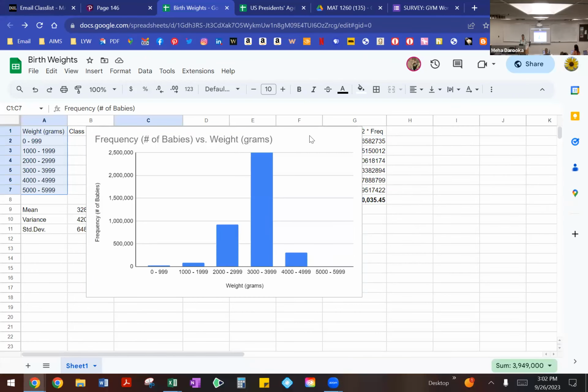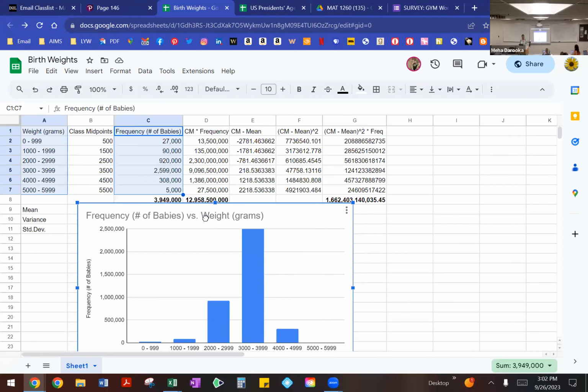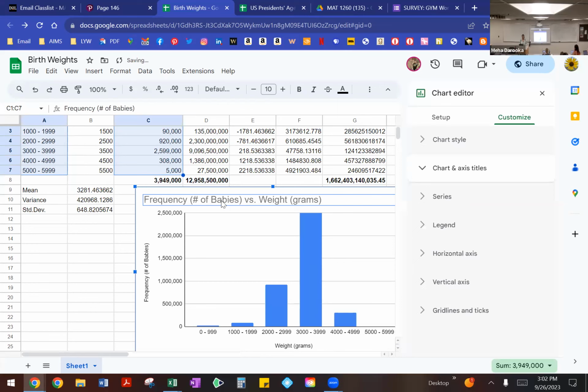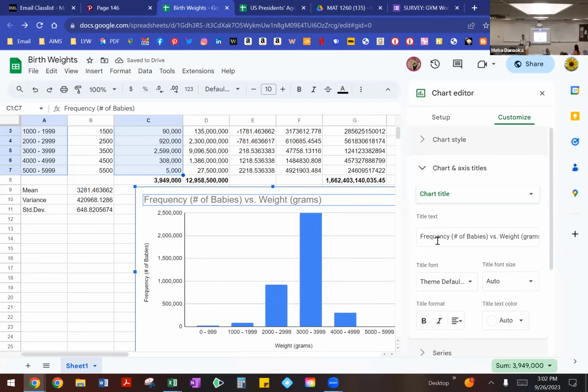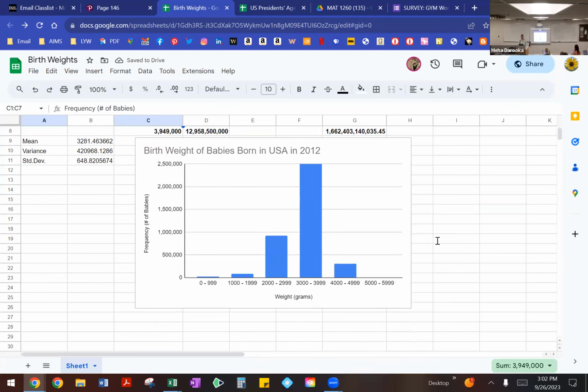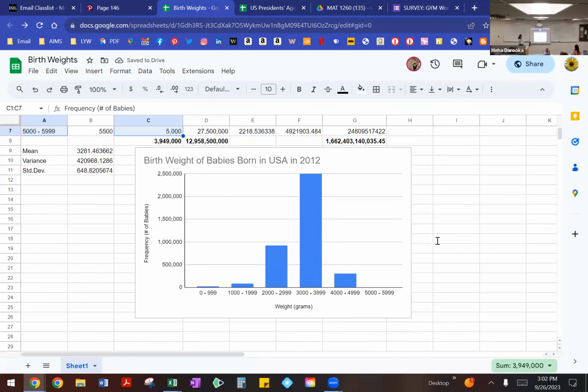Okay, so would you say, even though we're looking at a little bit of a wonky graph here, do we have a false shape? Yes, maybe.